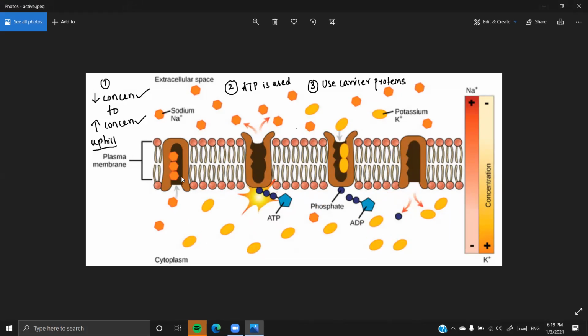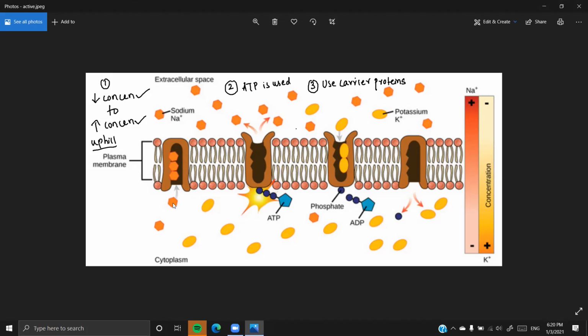But in order to move these across the membrane, we now require ATP, because you can see that the sodium ions are very few, as I told you, inside the membrane compared to the extracellular space. So you have more concentration of sodium outside than inside. So we are moving the lower concentrated sodium to a higher concentration.